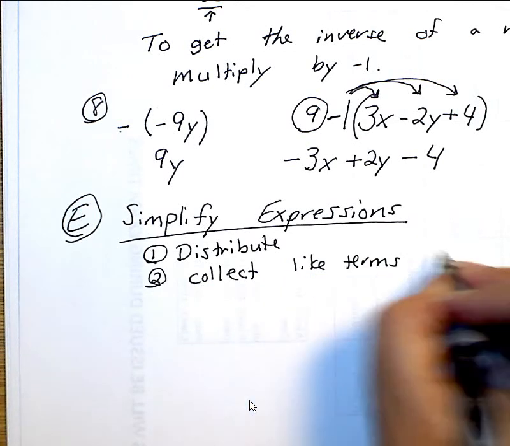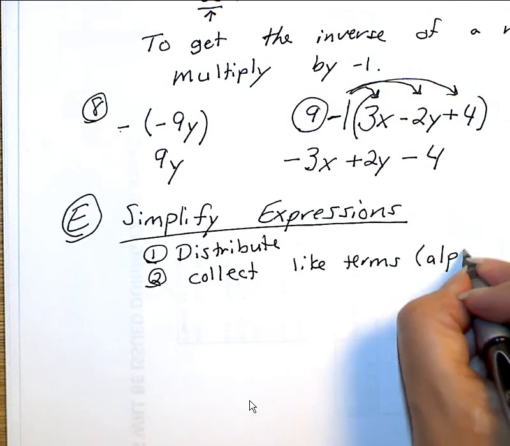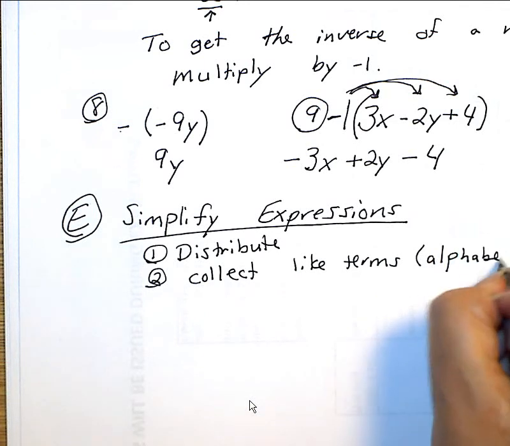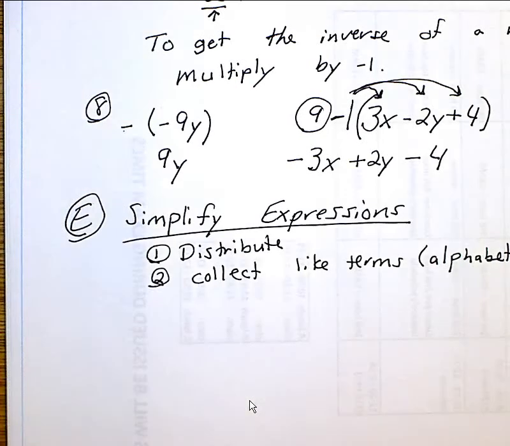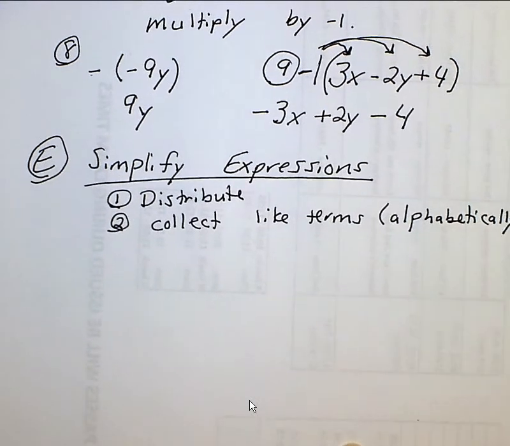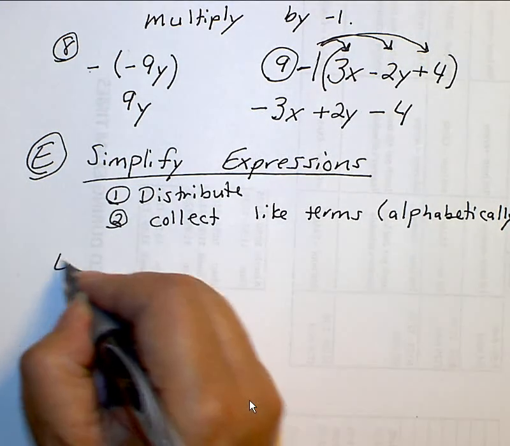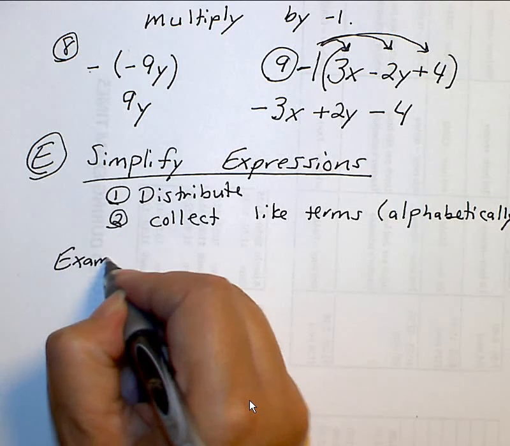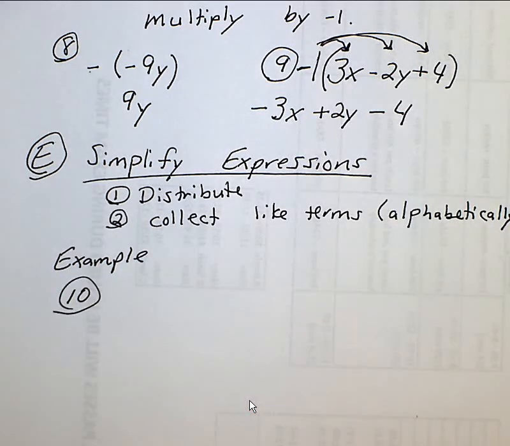And hopefully you all know that you have to collect like terms alphabetically. So our examples, we only got 2 more. So here's 10.